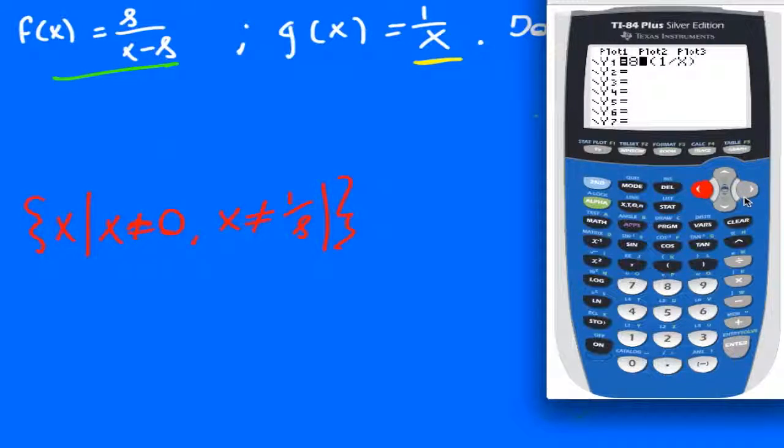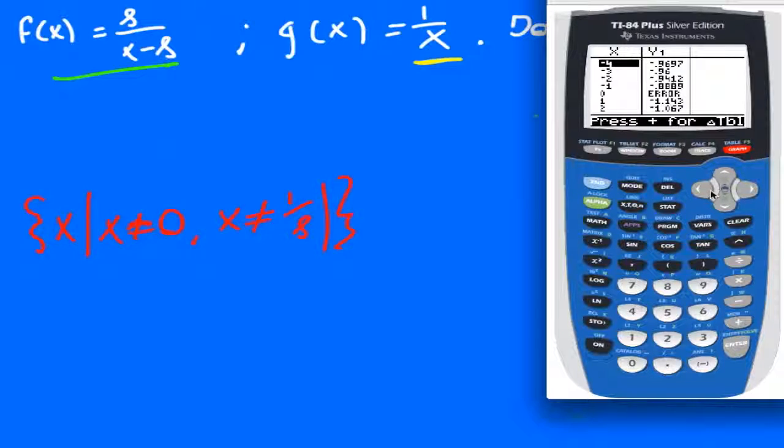So 8 over parentheses 1 over x minus 8, close parentheses, and second table, and you're going to get that x is not equal to 0 and x is not equal to 1 over 8 are going to be your options.